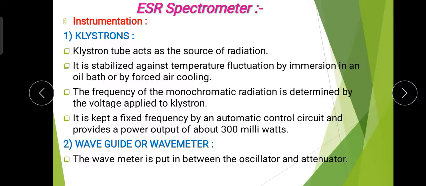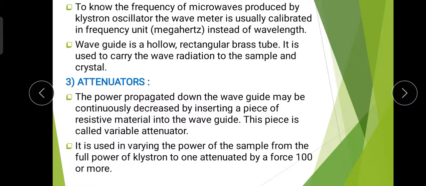To know the frequency of microwaves produced by the klystron oscillator, the wavemeter is usually calibrated in a frequency unit, megahertz, instead of wavelength, because microwaves have frequencies in the range of megahertz or gigahertz.